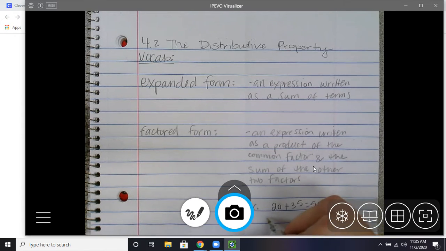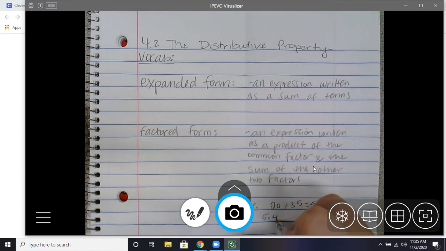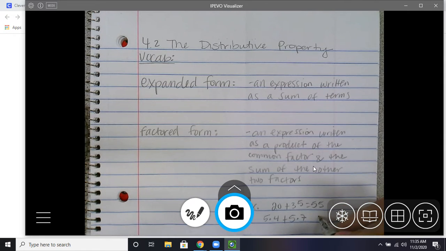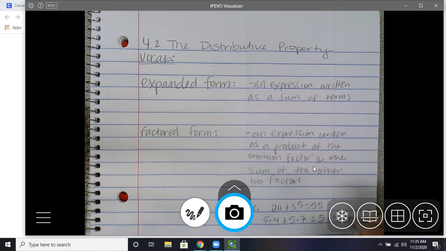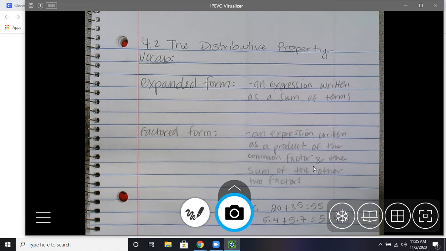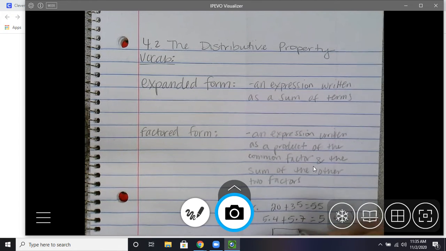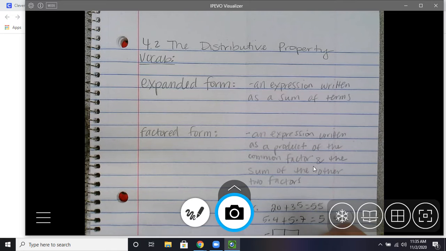So you could write that as 5 times 4 plus 5 times 7, which would be 55, but they're going to write 5 times 4 plus 7. And they show it to you in the picture next to it, but I'm just going to do a simplified version. So we know that this side is 5 and this side is 4 and 7.